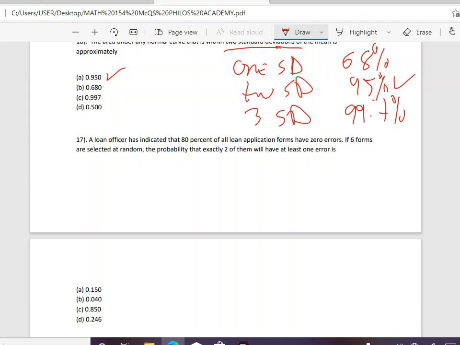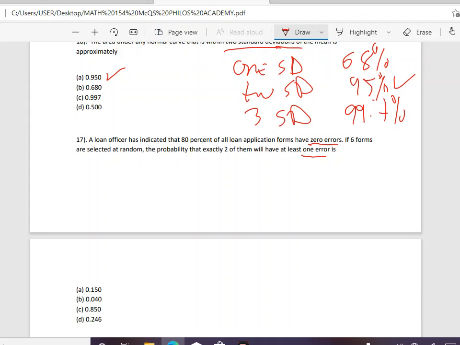Please take a look at the question once again. It said a loan officer has indicated that 80% of all loan application forms have zero errors. But the question is asking us to find at least one error.